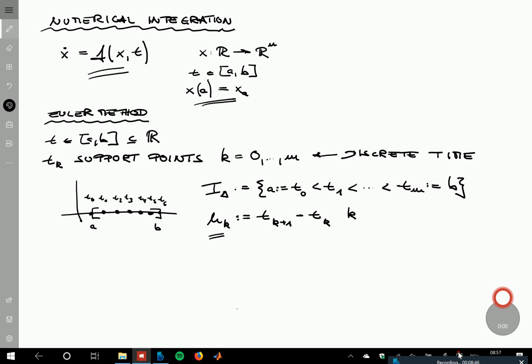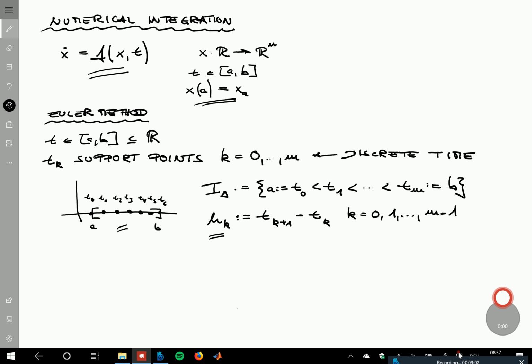Yeah. So that's maybe a little bit subtle, because you would think, especially if I draw something like this, that things are equidistant anyway, but they don't have to be, but we assume that they are anyway.